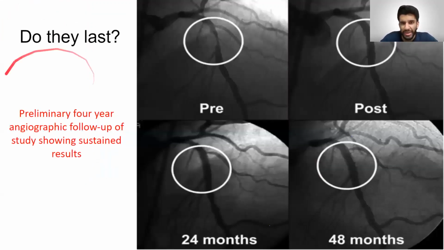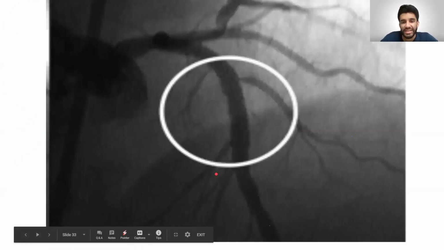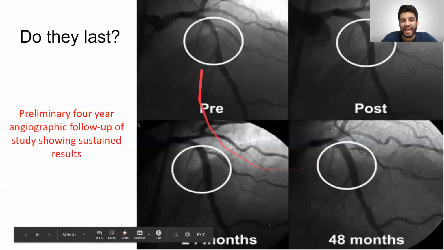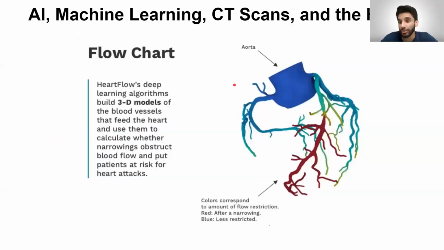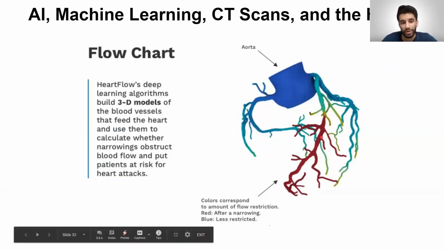You can all see that in this scan, these aren't very well visualized, but this is some of the best we could do in the past with looking at the different parts of the arteries and heart. There's something called HeartFlow, an algorithm that is a new kind of technology, which uses deep learning algorithms to visualize these different arteries in the heart and build three-dimensional models to see whether they are obstructed or not.